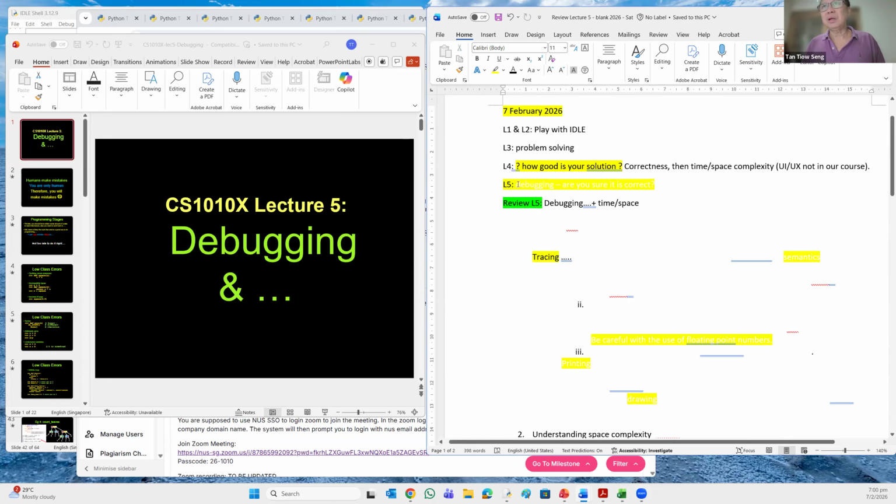Once you know how to program, the next thing is that you need to debug. And are you sure it is correct? That's always the aim. But as you learned last week, it has to do with the objective and the assumptions that we said a particular program is correct or not.